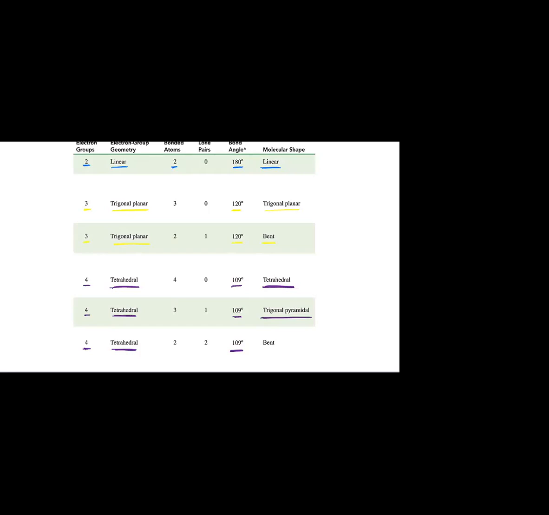If my central atom has 2 bonded atoms and 2 lone pairs, then that molecular shape is considered bent. And that's how you utilize this table to understand what is bond angle, what is electron group geometry, and what is molecular shape.